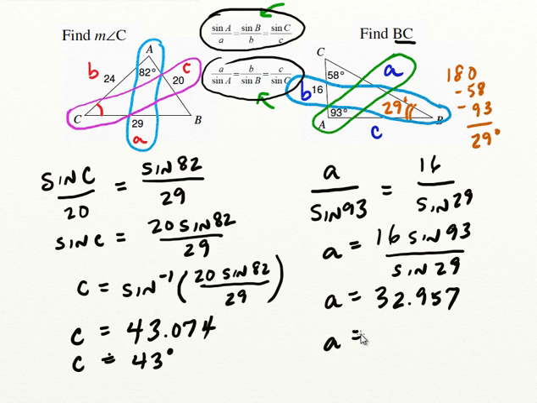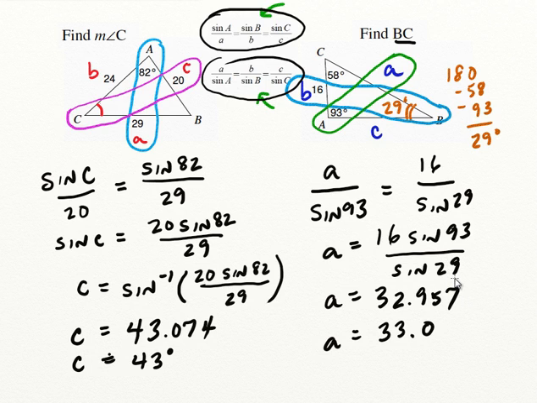If we were asked to round to perhaps one decimal place or the whole measure or whatever it is, we could then do some rounding. So why don't we round to one decimal place? Here, 0.95 would actually round up, and we would be left with 33.0, because that 5 would round the 9 to a 10.